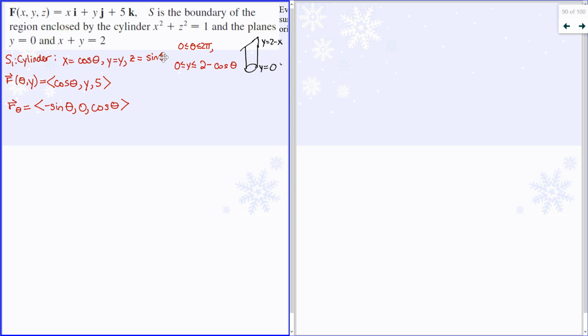Then our other parameter was y. So r sub y is nice, it's 0, 1, 0. The first and the last get obliterated because there's no y in them, and the derivative of y with respect to y is just 1.